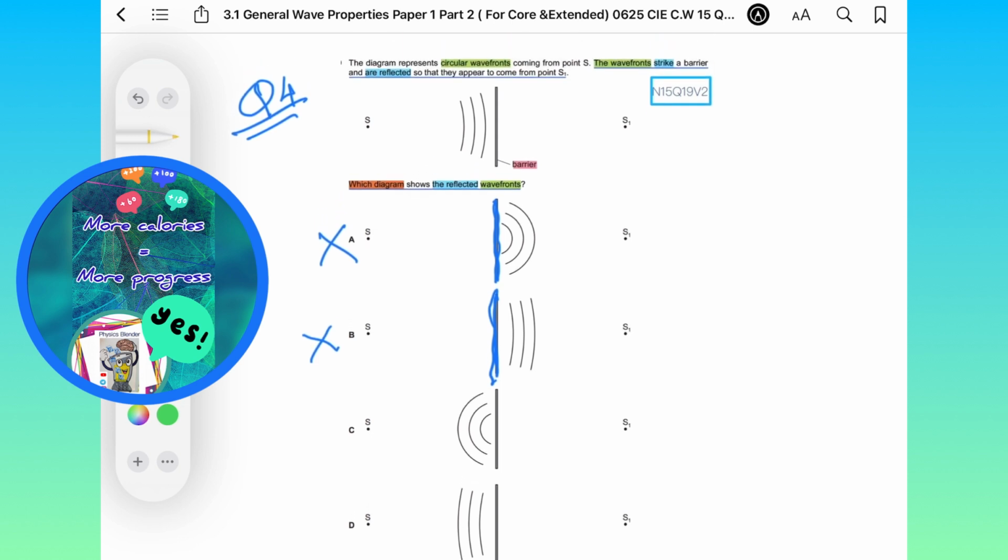The wave fronts are circular, so they will be reflected also circular. So the answer is D. They have the same shape, the same wavelength, and all the features are the same, no change, only the direction.